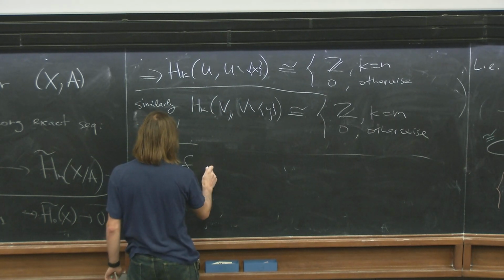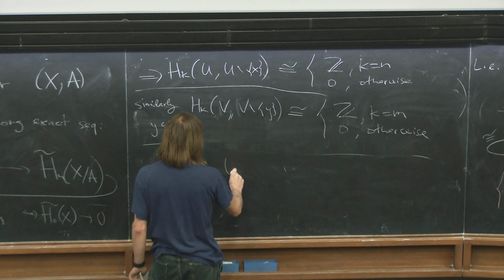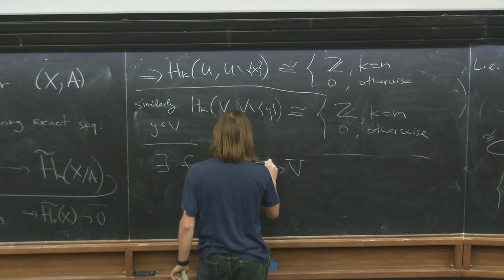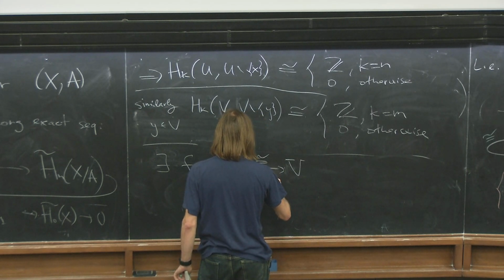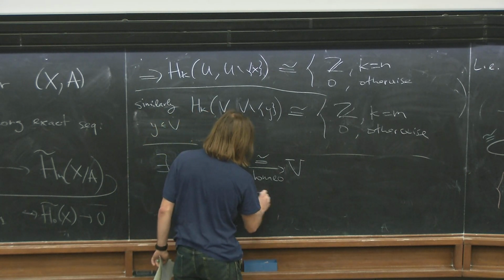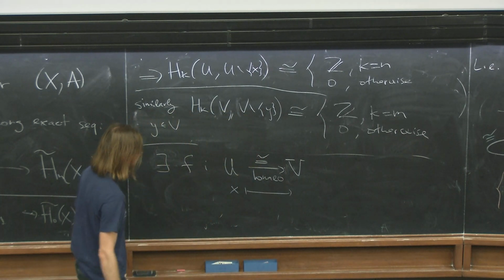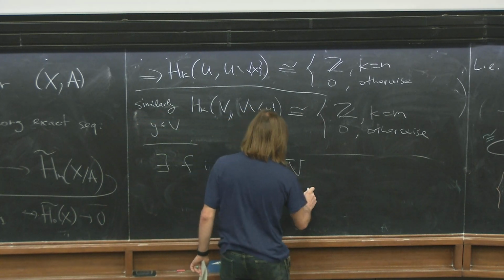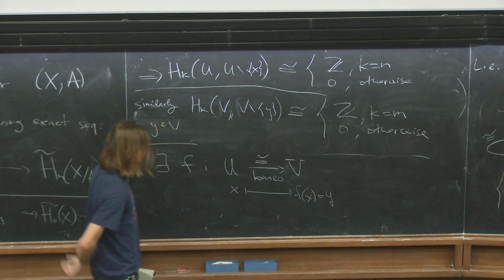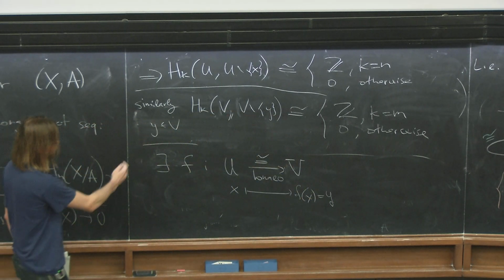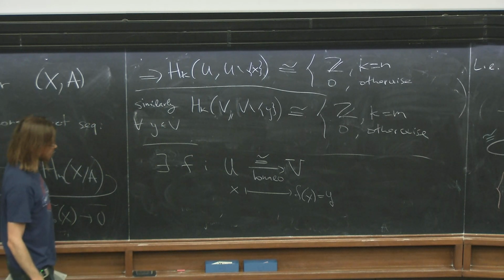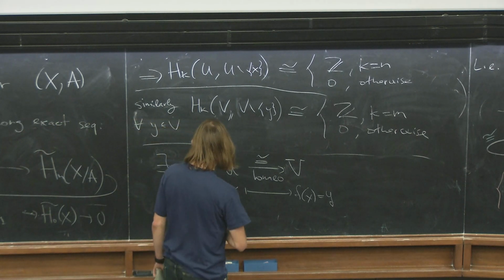This means there exists a homeomorphism f from U to V, and we can choose some point x here and choose y to be its image. Since y was an arbitrary point in V, we can choose it to be f of x.